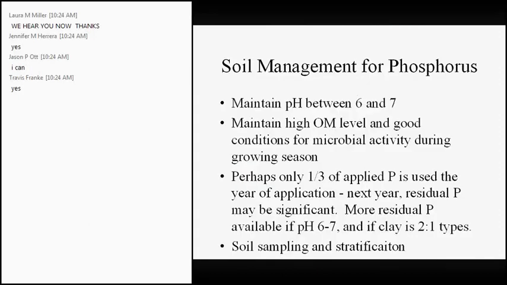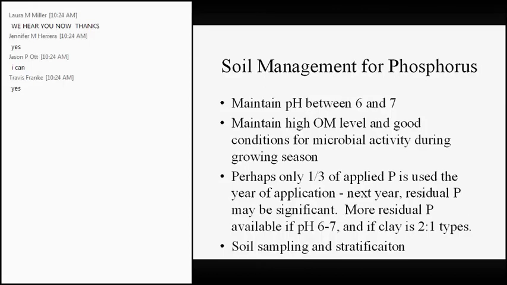We want to try to maintain the pH between 6 and 7 if we can, but if you have an acid-loving plant, don't raise the pH to 6 because you're probably going to cause some problems. We want to maintain the organic matter as high as we can, but from the standpoint of adding organic materials to your soils, always watch the nutrient content.